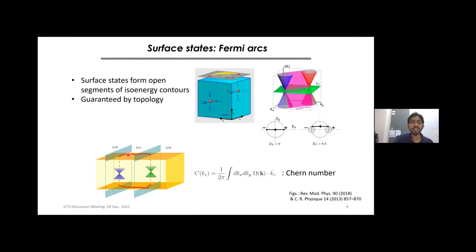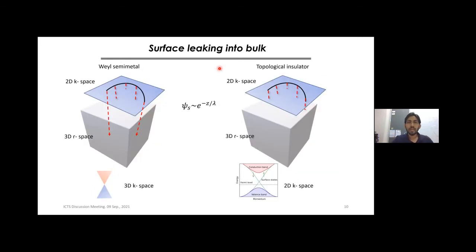And that means that you are guaranteed to have some state on the surface between these two nodes, and this is exactly what the Fermi arcs are. And there is no way to get rid of it by any smooth transformation unless you completely kill the system by some strong perturbation.